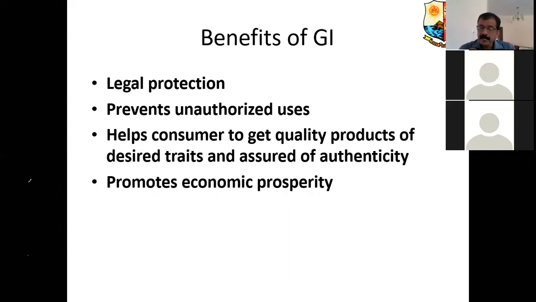Therefore, if GI tags are given to items, you are promoting their economic status. It will benefit the one who manufactures it, the seller, as well as the country. These are the important benefits of the GI.